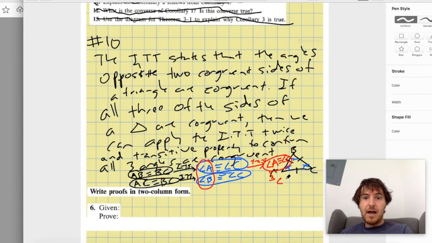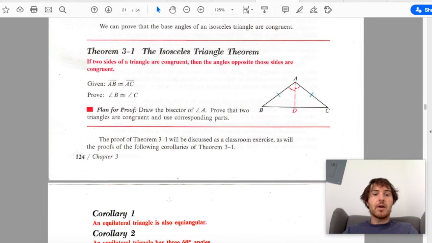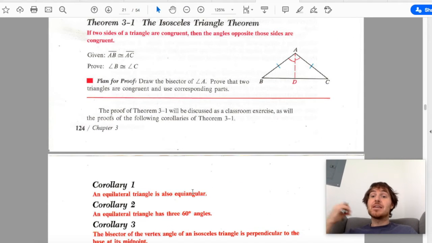Angle A would also have to be congruent to angle B, right? Because angle A is congruent to angle C, and angle C is congruent to angle B, and they're all congruent to one another. So now we've proven corollary one here. An equilateral triangle also has to be equiangular, okay?